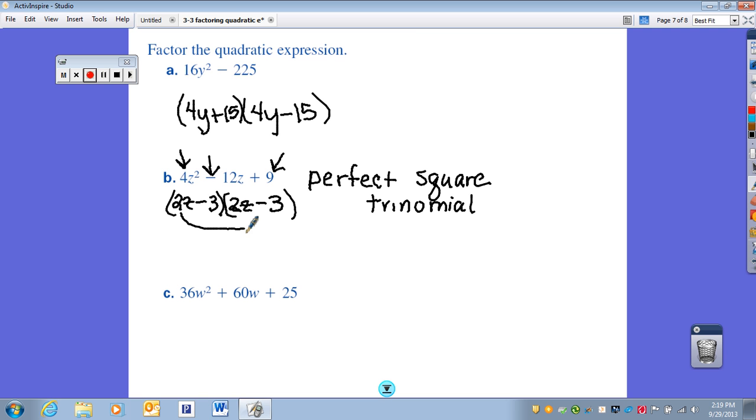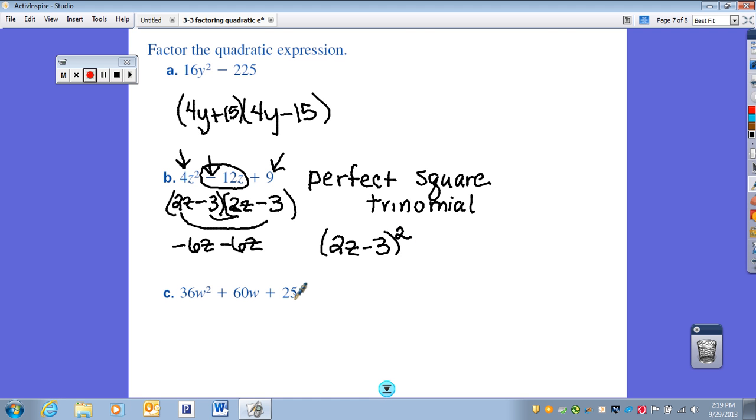Let me check by doing my outside and my inside. I have negative 6z and negative 6z, which gives me a negative 12z, which is my middle term. And notice when you have a perfect square trinomial that your factors, your binomials, are the same, so it can be written as 2z minus 3, the quantity squared.